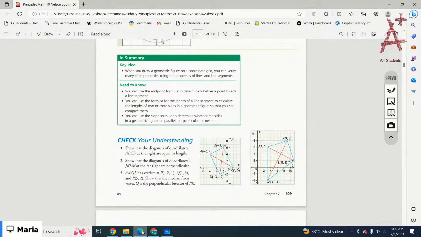Let's just start with question number 1, that is, check your understanding. Show that the diagonals of the quadrilateral ABCD at the right are equal in length.